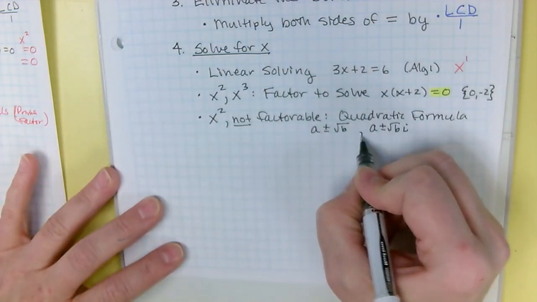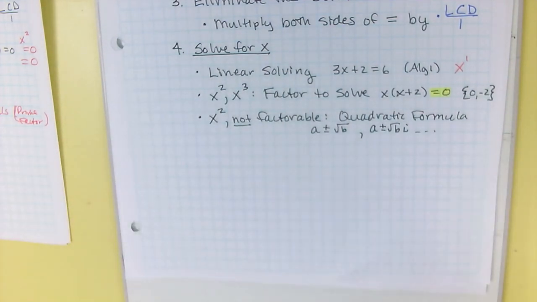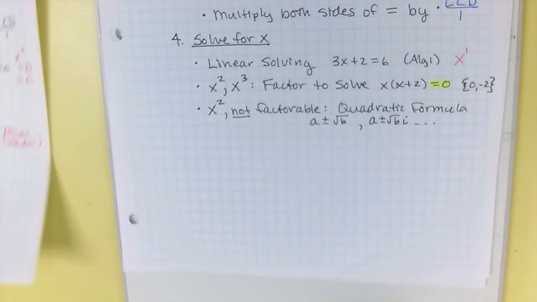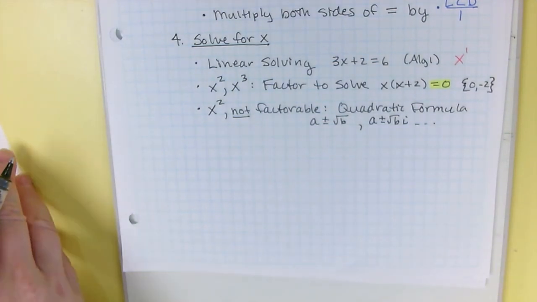There's a lot of different possibilities for that. But if it's not factorable, it means your answers are not going to be whole numbers or fractions. If you do get whole numbers or fractions from quadratic formula, it meant that it was factorable and you did it the slowest way possible. Okay, so that is the basics.